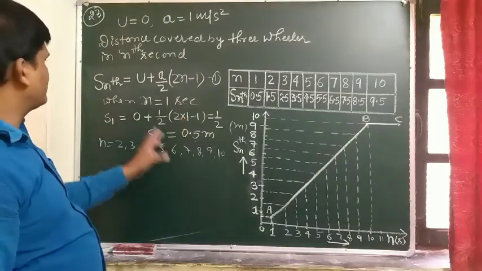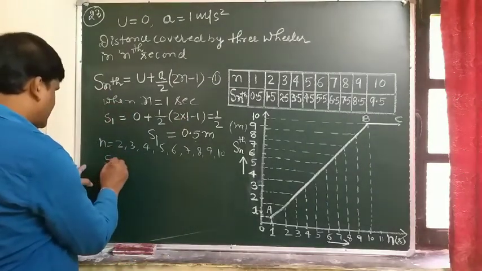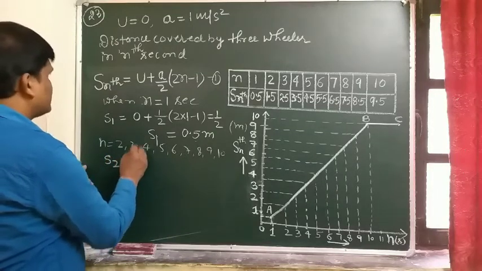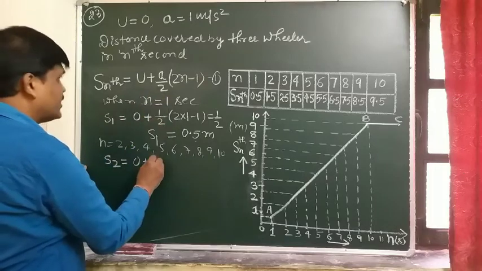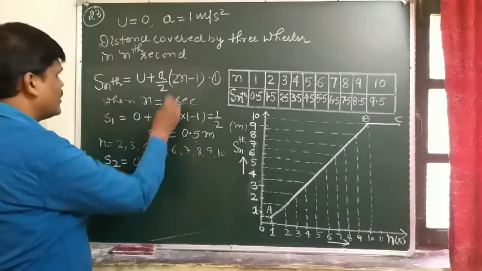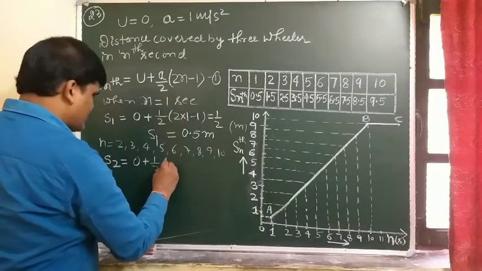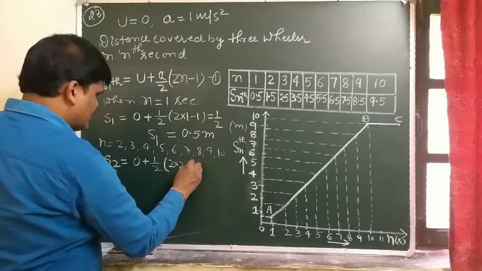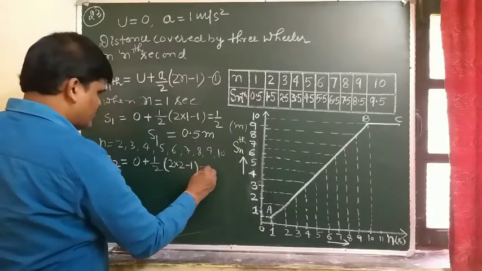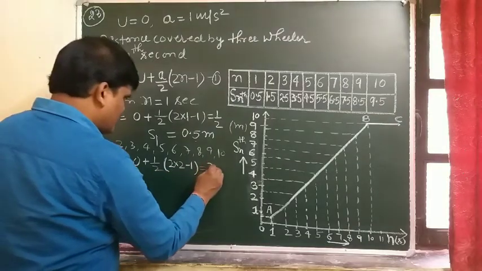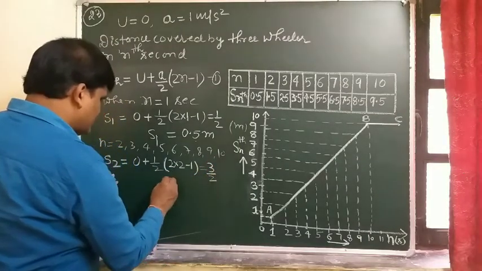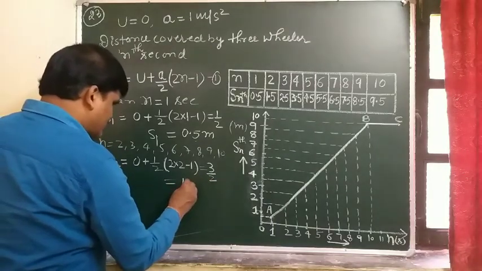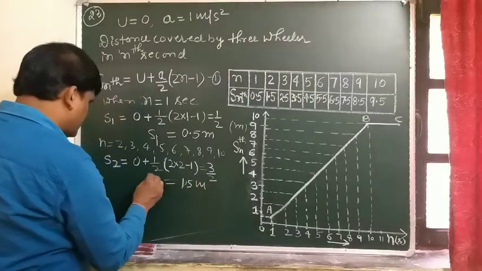Now, when n equals 2, S2 comes out to be 0 plus a, that is 1, by 2, into (2 times 2 minus 1), which is 3 by 2, that is 1.5 meter.